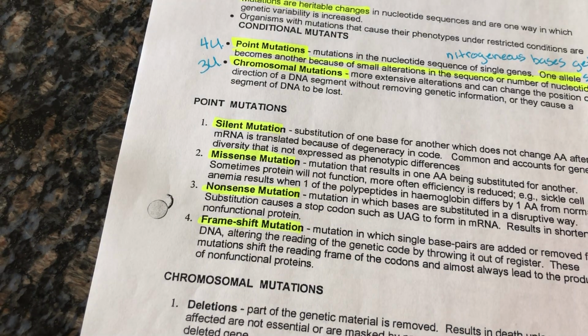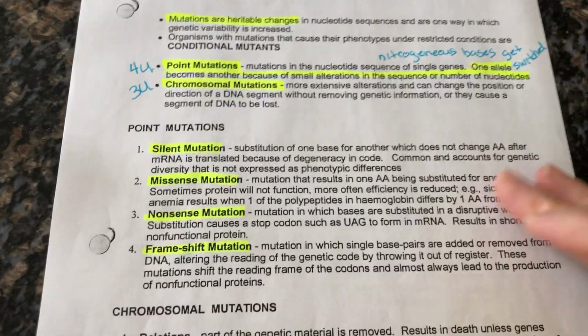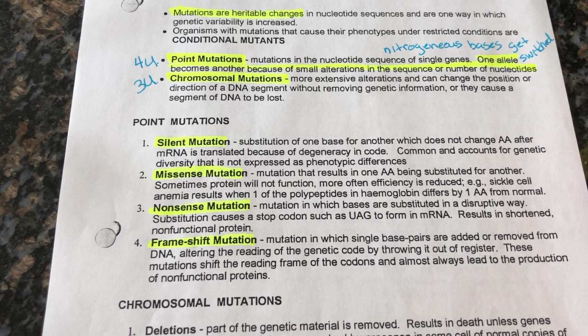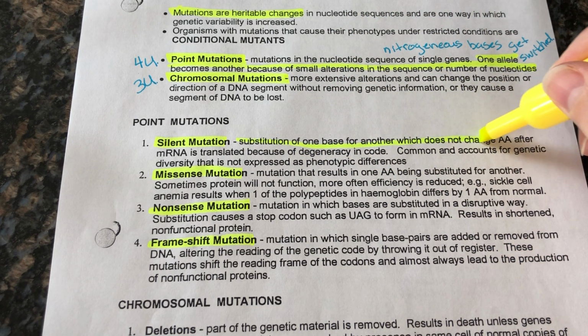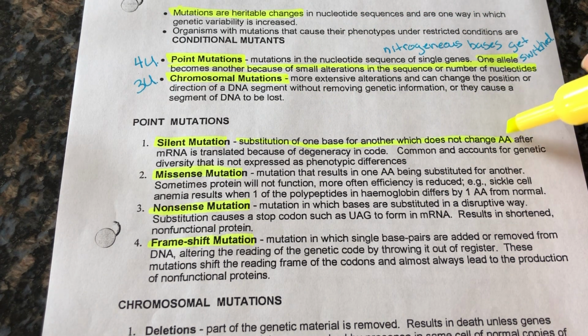If you have a substitution in your DNA and it doesn't change the amino acid, then that's a silent mutation. When we substitute one base for another and it doesn't change the coding of the amino acid, that's silent. In other words, it's not going to be expressed.